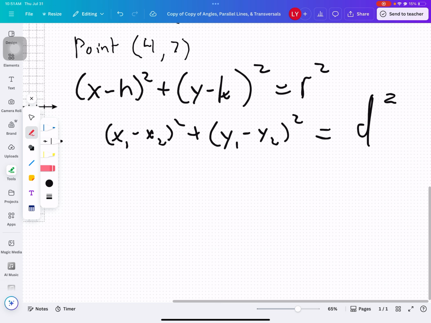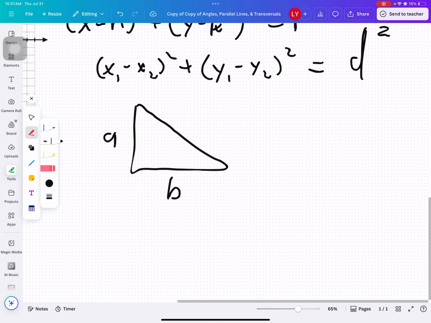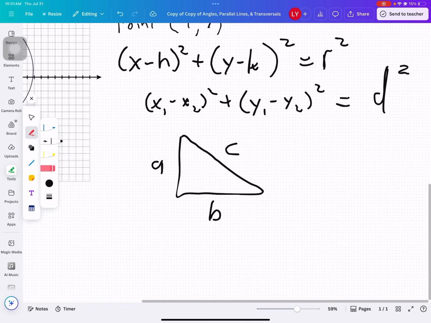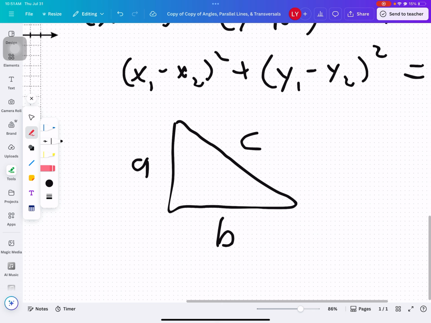If we have a triangle, we have A, B, and C. A is the distance of this point and this point. B is the distance from this point to this point. And C is the distance from this point to this point.